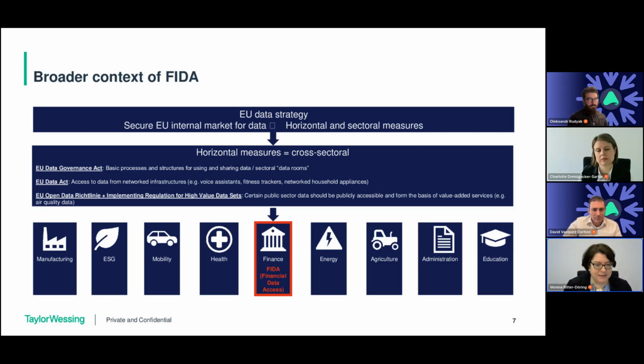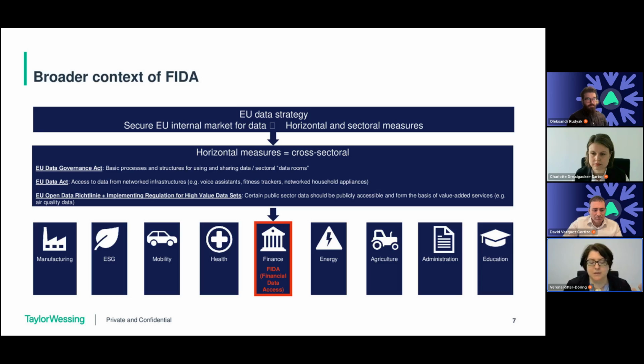And then we have 9 sectors, which makes total sense because every sector has specific circumstances, a specific infrastructure, and therefore needs specific requirements for data sharing. Energy, administration, this will probably take a while longer.